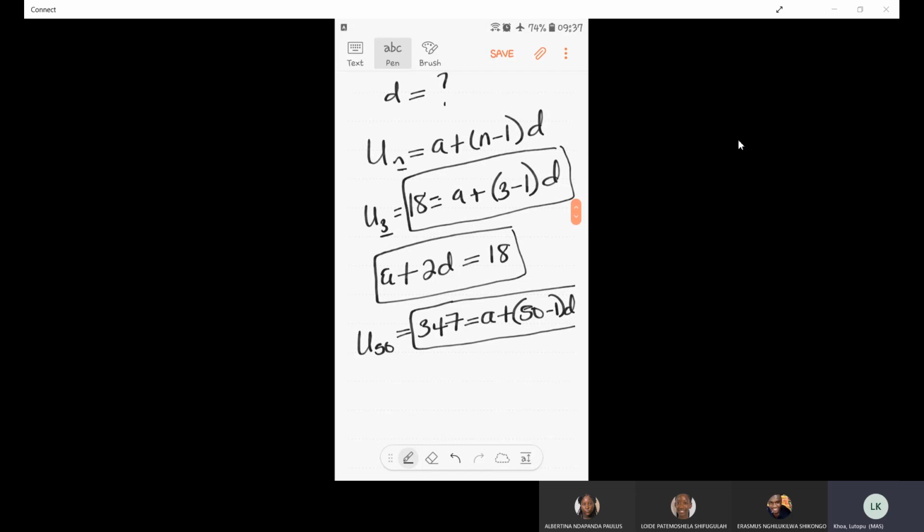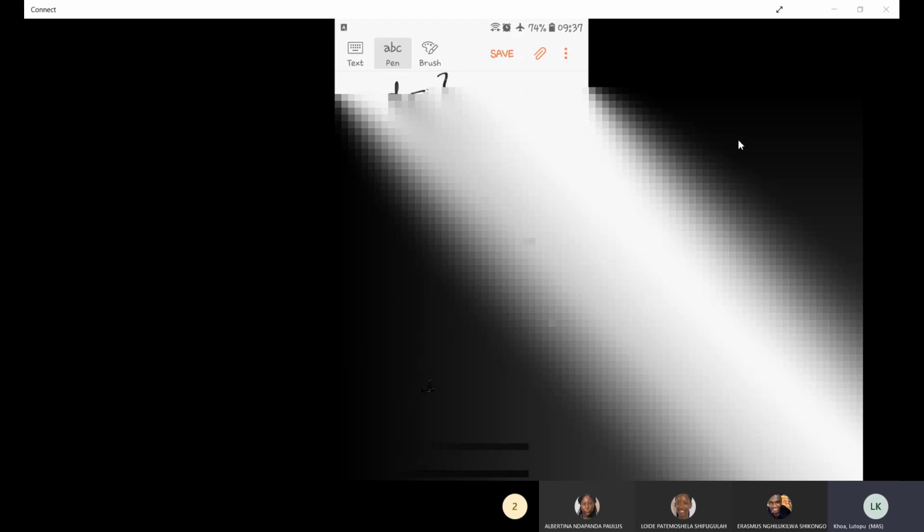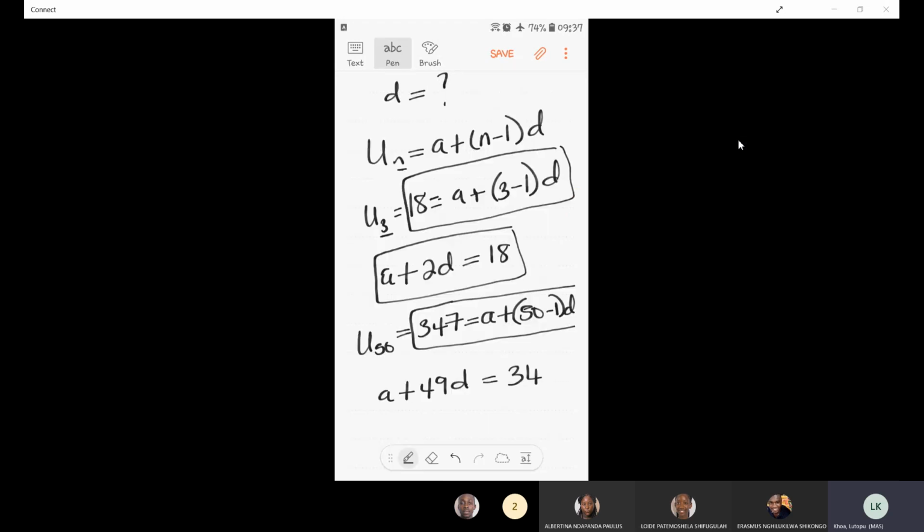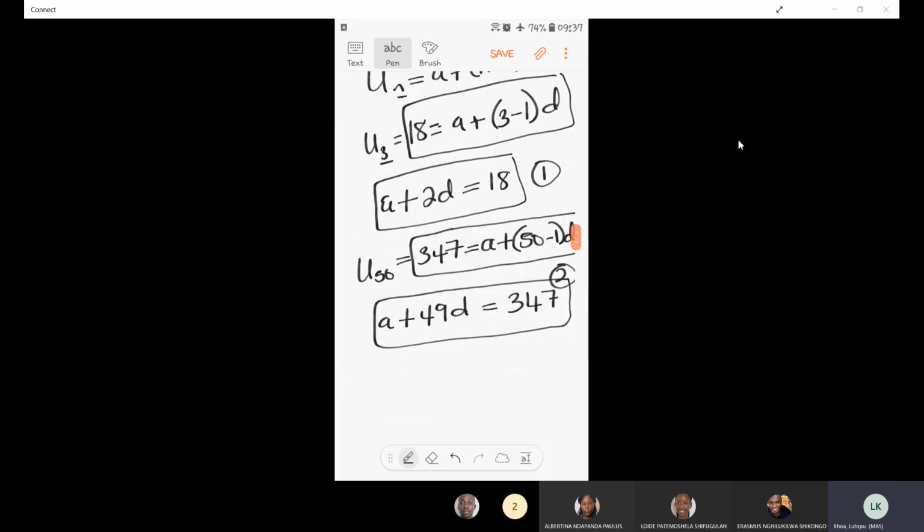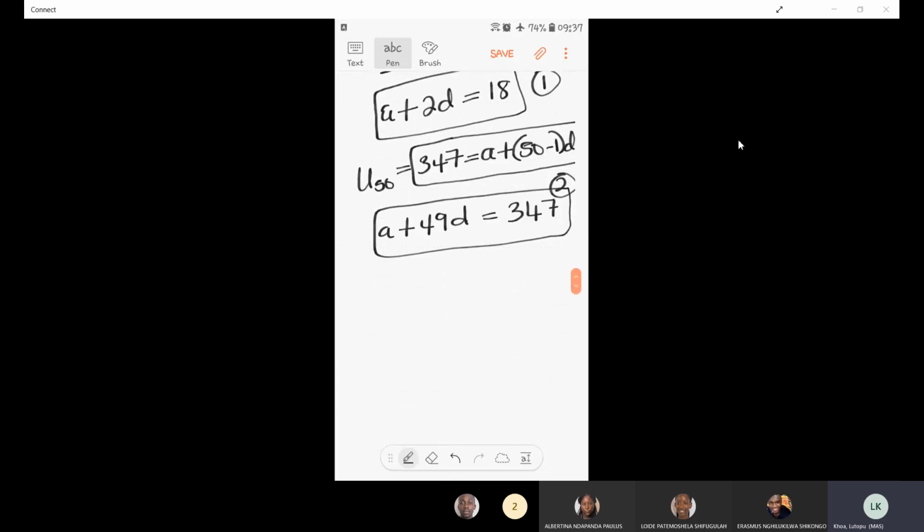Then I have a plus 49d. This is equal to 347. So those are the two equations. This is equation 1, and this one is equation 2. So I'm going to solve them simultaneously.